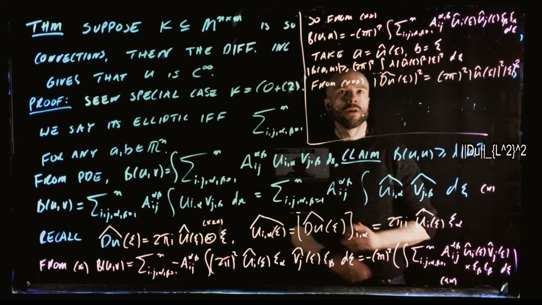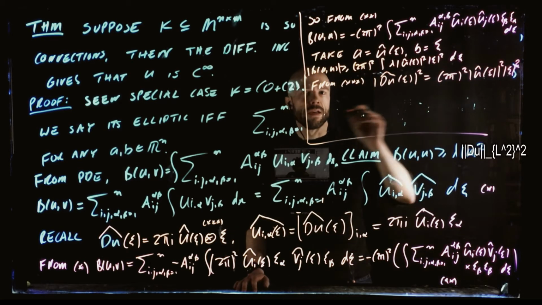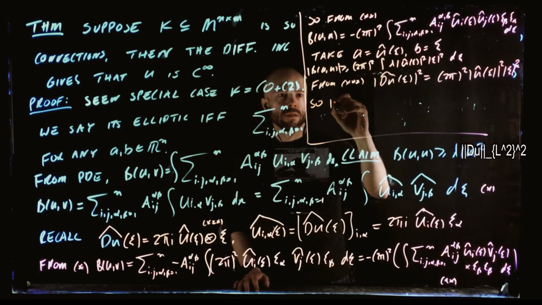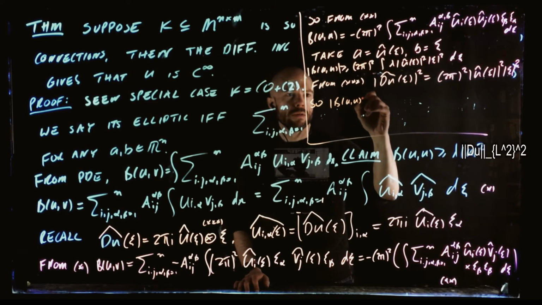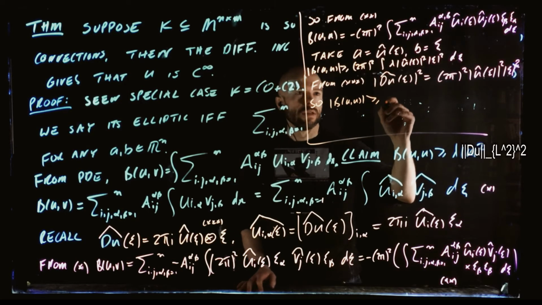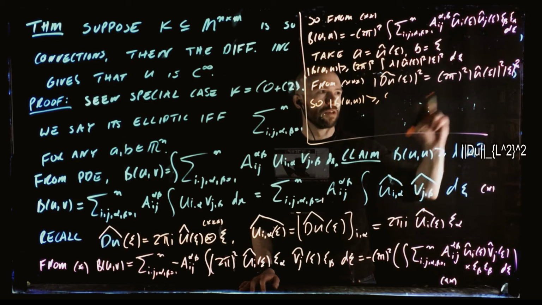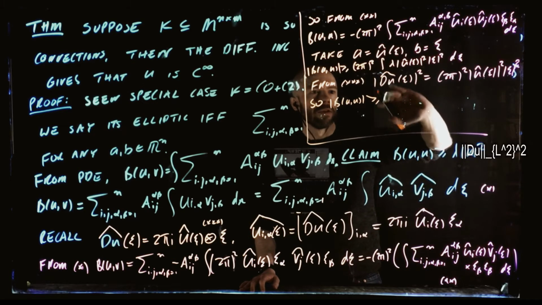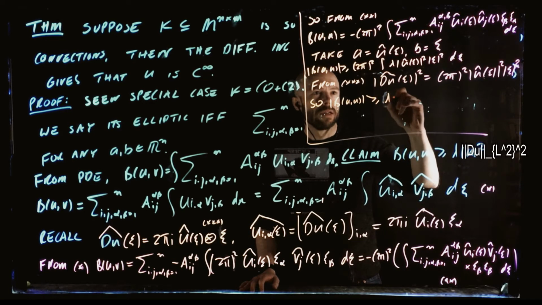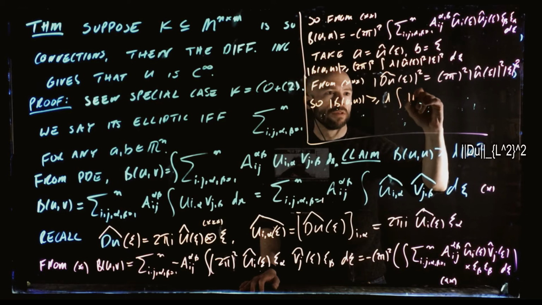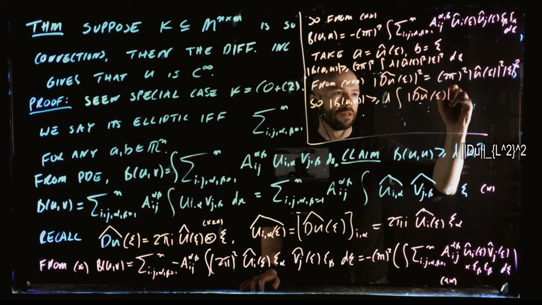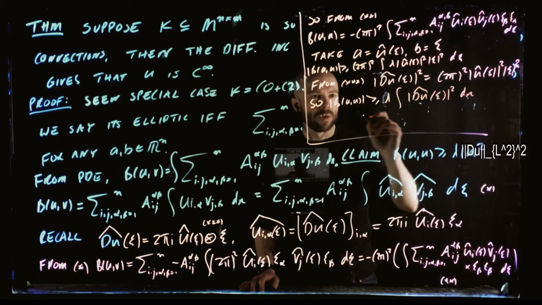So this thing means that the absolute value of E of u is bigger than, we can absorb actually the 2 pi, so it's bigger than lambda times the integral of the Fourier transform of this guy squared, and then by Plancherel again, this is the same as lambda times the integral.